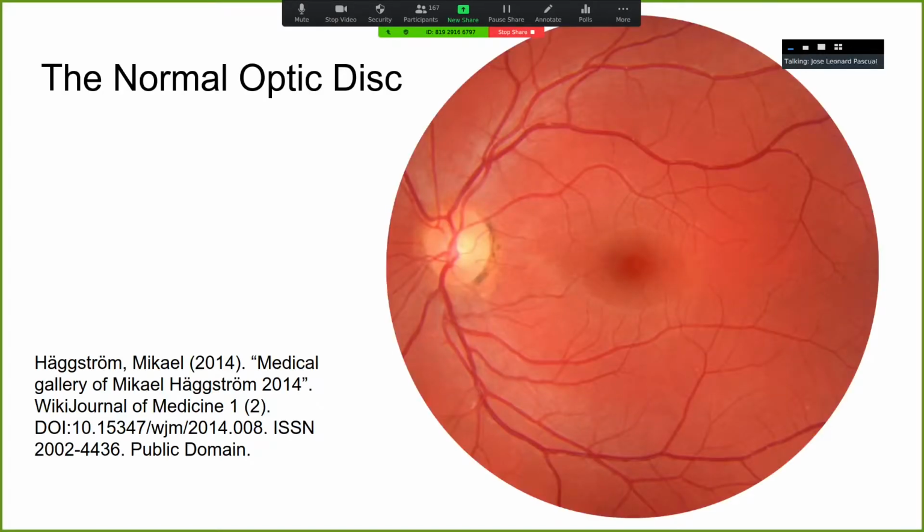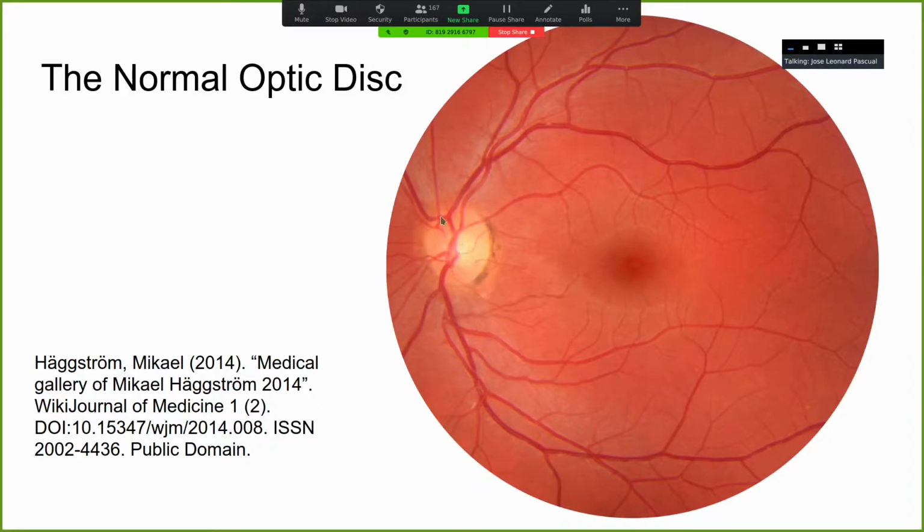So this is how it would look like. This is from a fundus photo of what a normal disc should look like. And if you had the patience to really look around and look for the fovea over here, which is a dark red spot, the normal optic disc is very clear cut. You can see the blood vessels traversing on it, no problem.